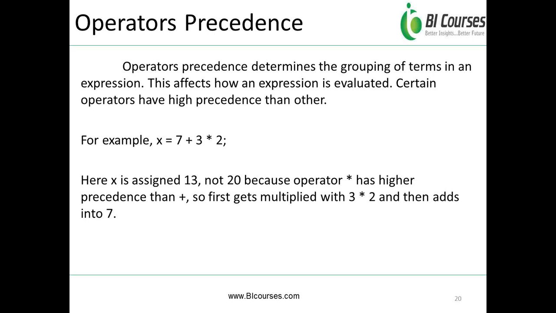First we need to multiply 3 into 2, which is 6, and 6 plus 7 is 13. 13 will be assigned to x, not 20. We should not add 7 plus 3, 10, and 10 into 2, 20. It's not a left to right order. It depends on the operators' precedence. Multiplication has higher precedence, so it is evaluated first.